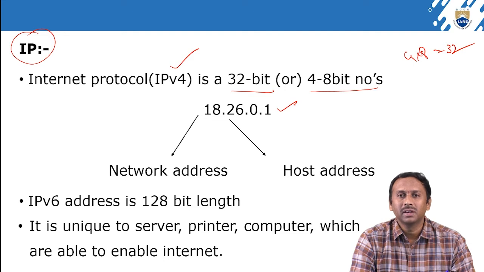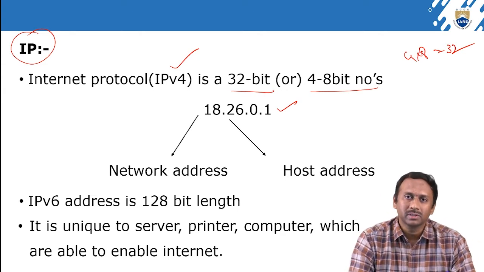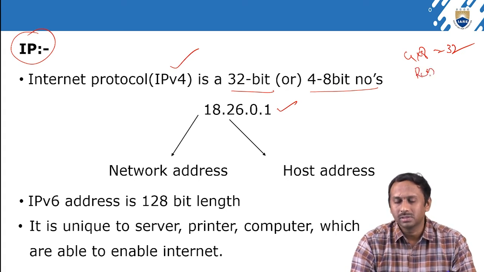This is an example IP address. Whenever you want to check the IP address of your system, it's very simple, and every system has a unique IP address. Open the Run prompt, type cmd, and press enter to get the command prompt.